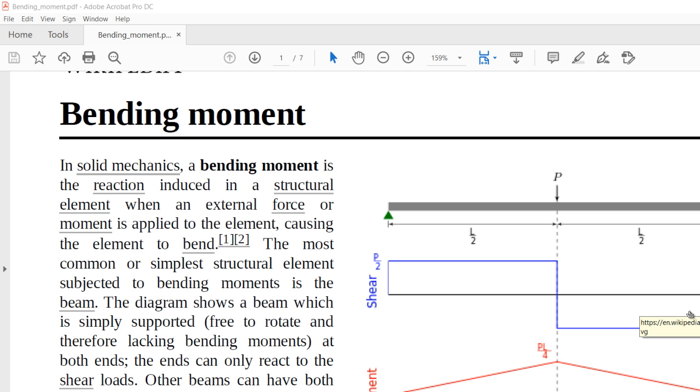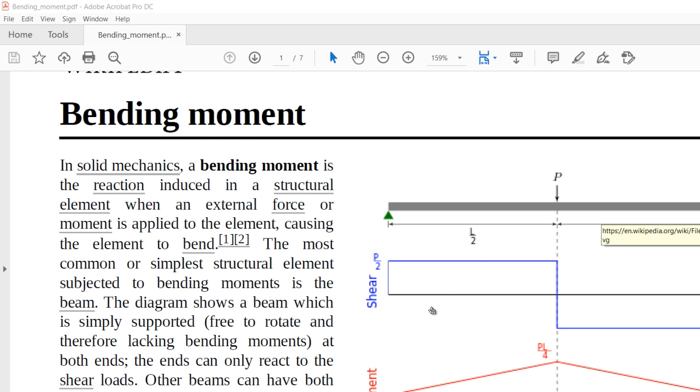Let me take an example. I'll take a beam as an example, and let us see what the bending moment is.